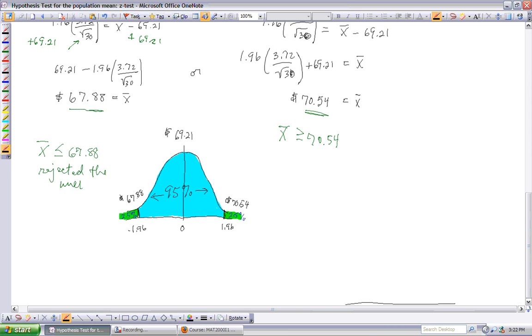This borderline is that value. But the one they gave us was like 68 something, right? So that's not going to do it. It's not enough. 78 cents isn't going to be conclusive enough evidence that the survey is wrong.